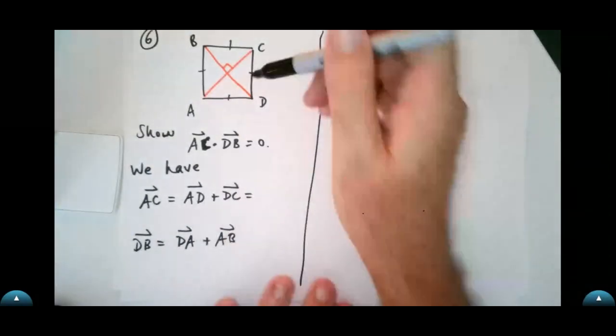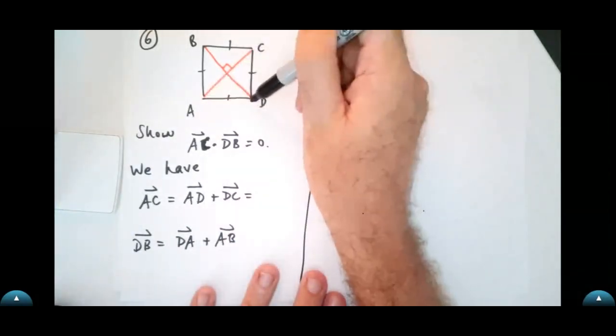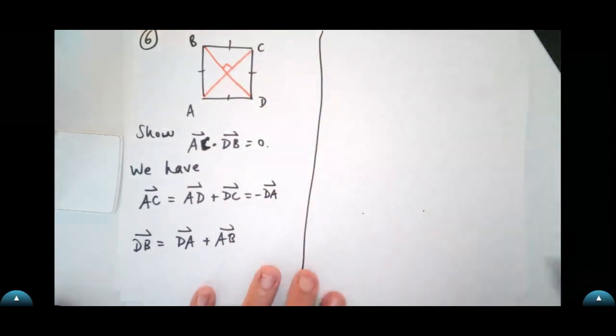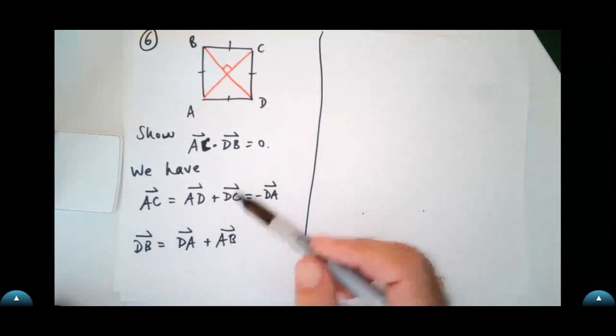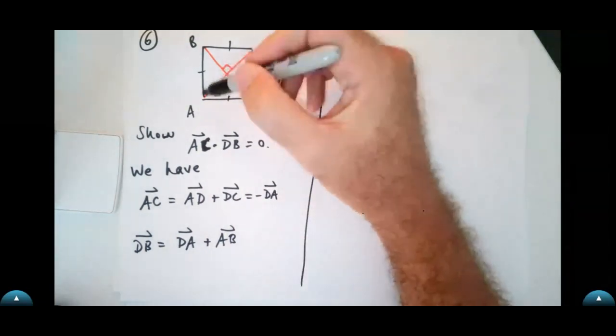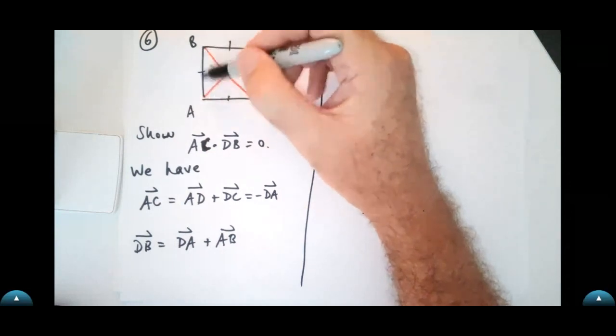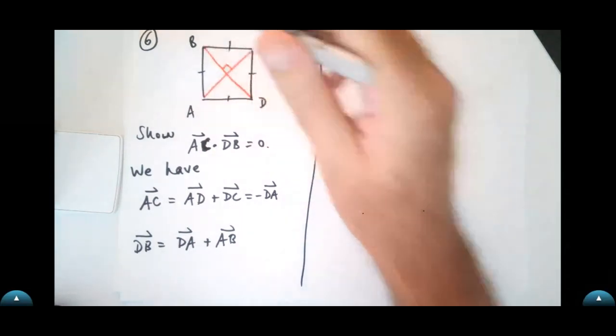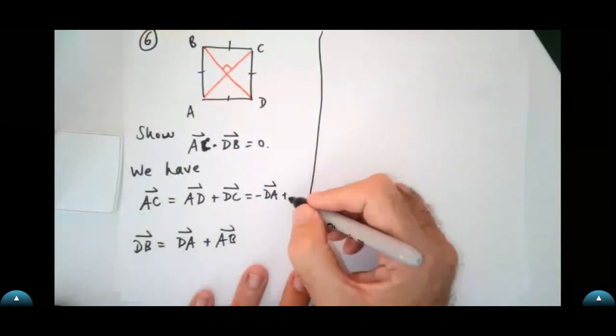So the vector AD is the negative of the vector DA. And the vector DC is parallel and the same length as the vector AB. So I can write it like this.